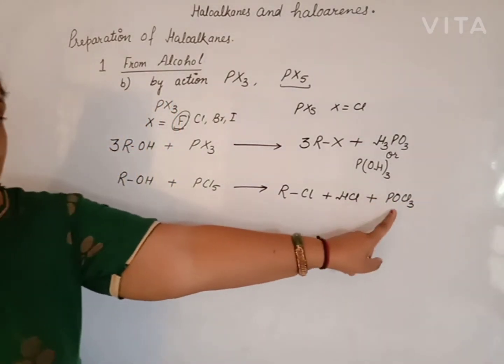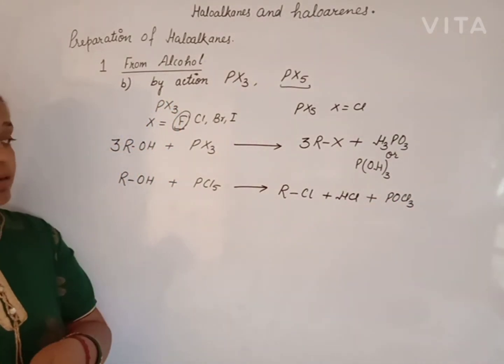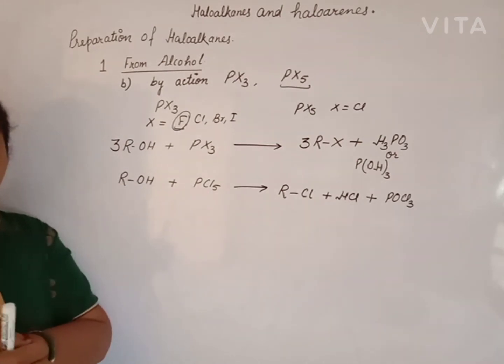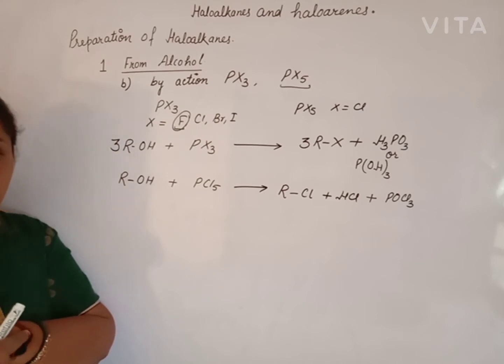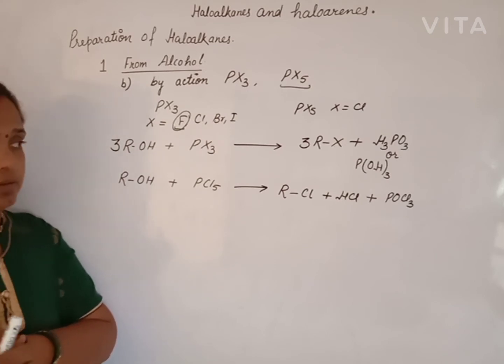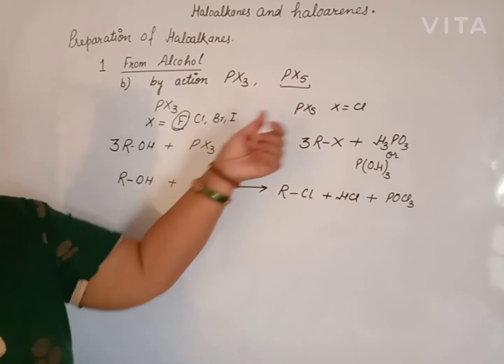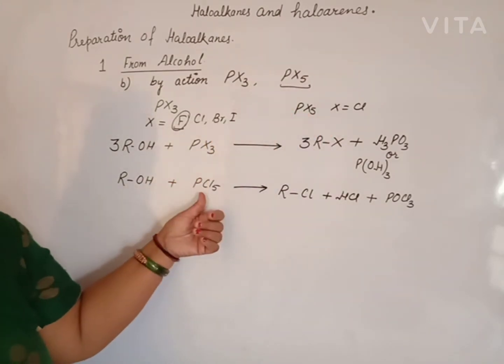Only chlorine is possible in case of pentahalide, because POBr3 and POI3 are not known to us. We know only POCl3. So here only pentachloride is there.